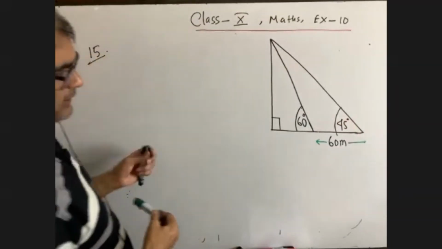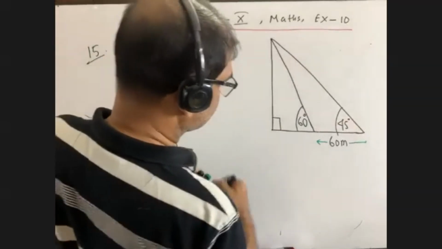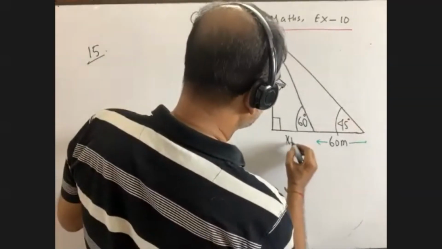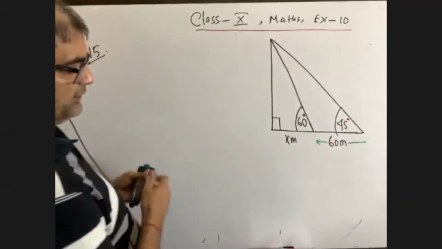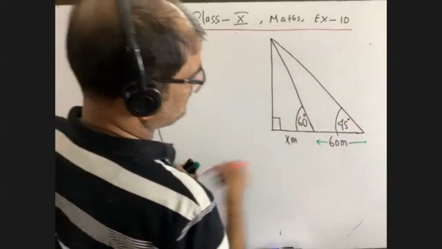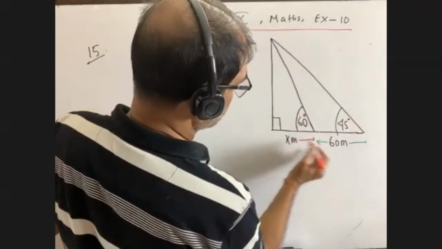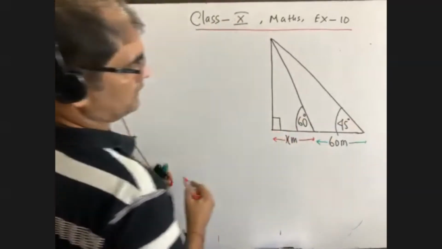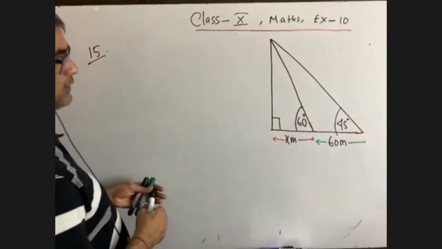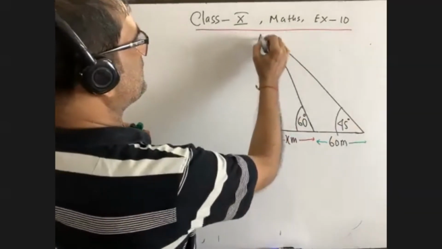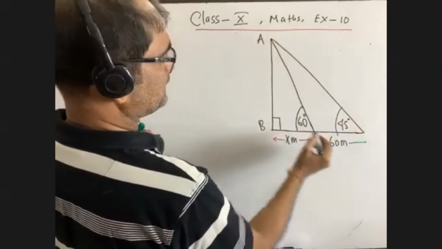So like the previous math, we can write down this part is x meter. This part is x meter, like this. Write down, so it is AB. Write down it is C.